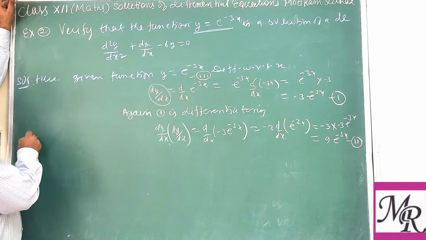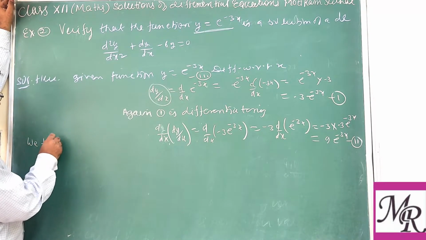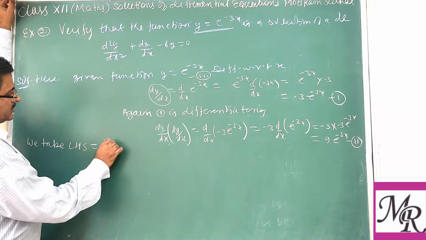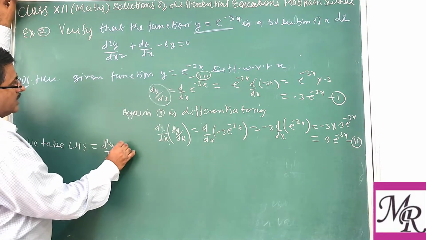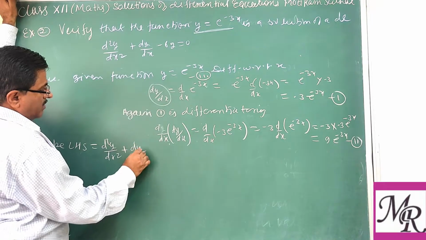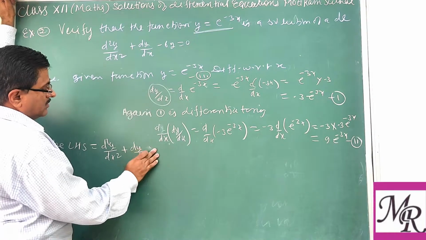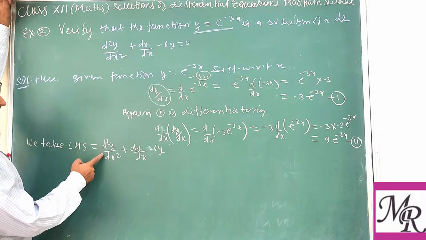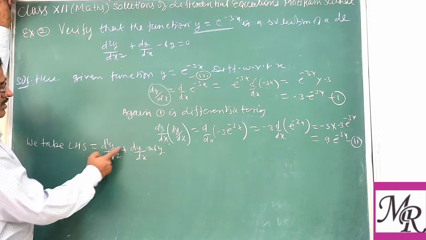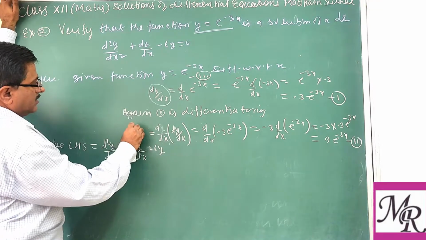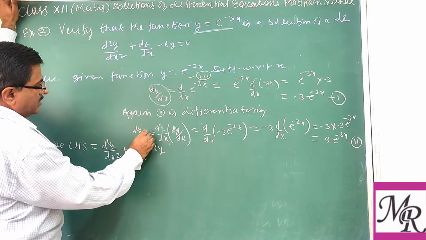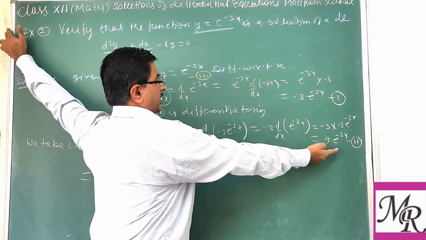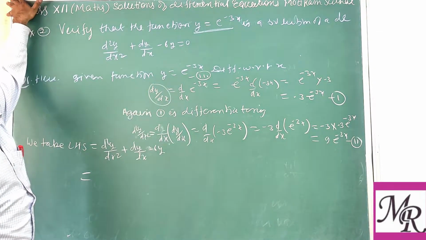So we get the left hand side of the equation, that is d square y upon dx square plus dy by dx minus 6y. Now by the second, the value of d square y upon dx square is 9 e power minus 3x.